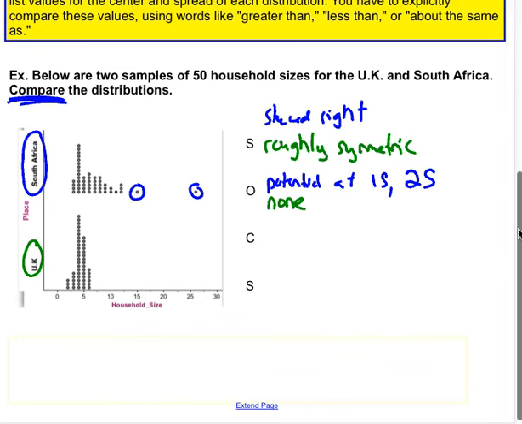All right, so let's do it. 1, 2, 3, 4, 5, 6, 7, 8, 9, 10, 11, 12, 13, 14, 15, 16, 17, 18, 20, 21, 22, 23, 24, 25, 26. So it's going to be between those two right there. And so that looks like it is at 6.